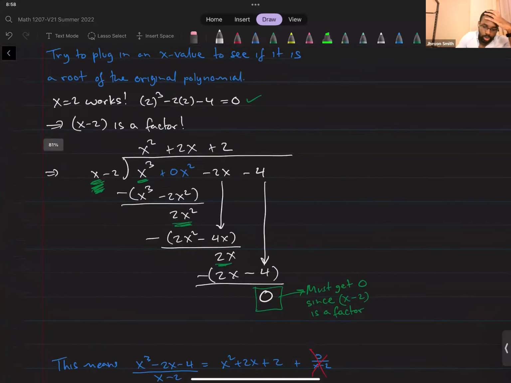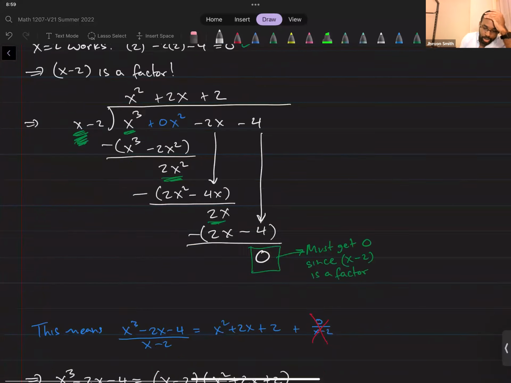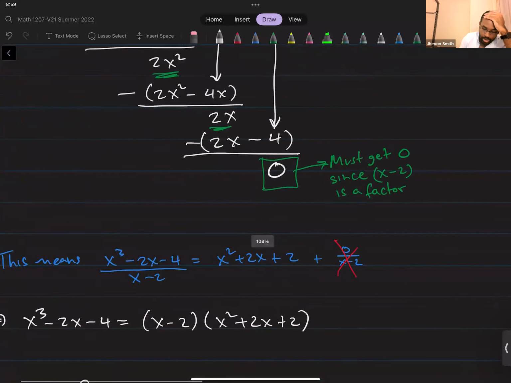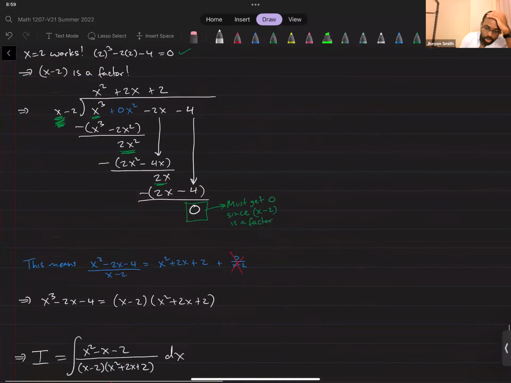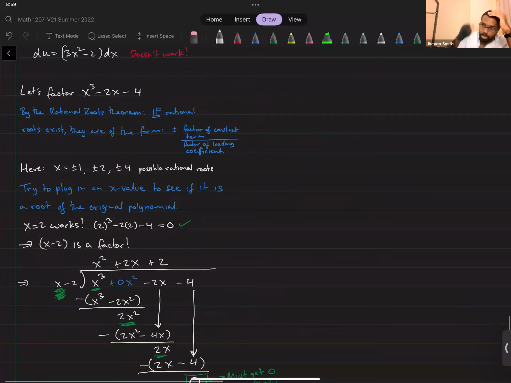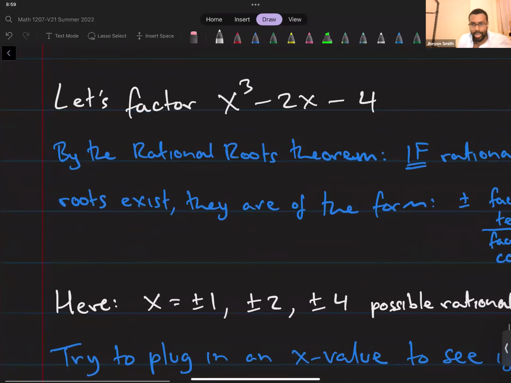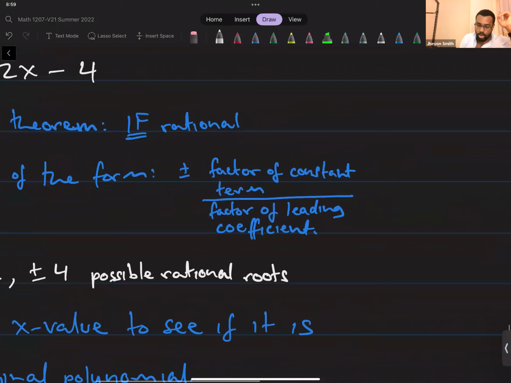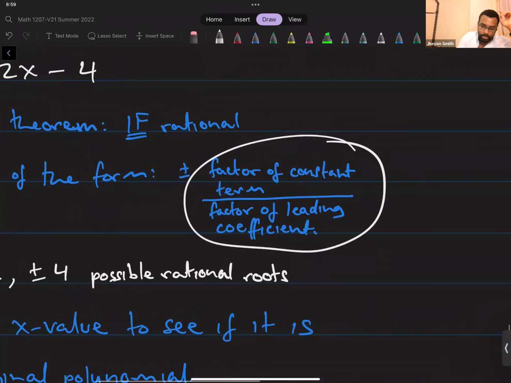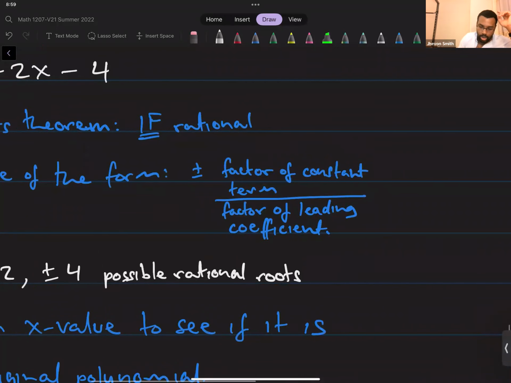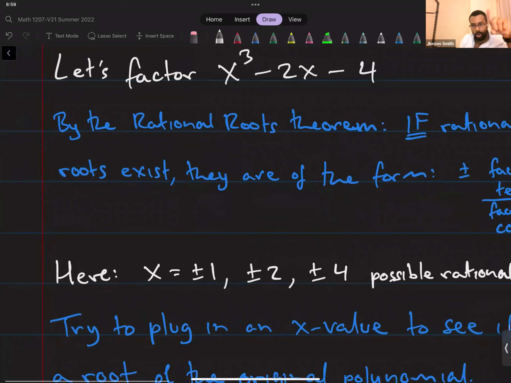The work in this one really happened here, trying to figure out how to factor this guy. Using the rational roots theorem, you want to factor something that's not like a regular quadratic, and none of the factor by grouping or none of that works. You create expressions like this. And then one by one, you try to plug in so that you get 0.